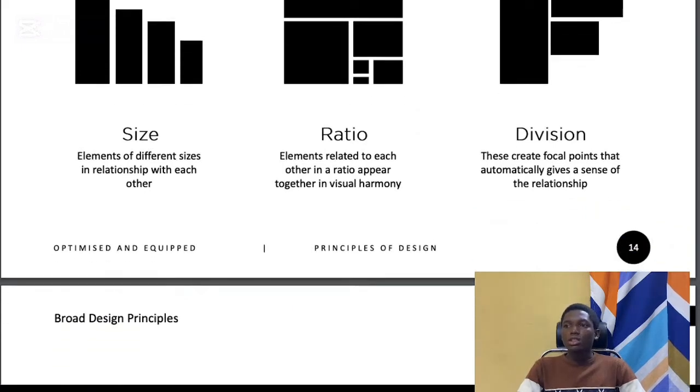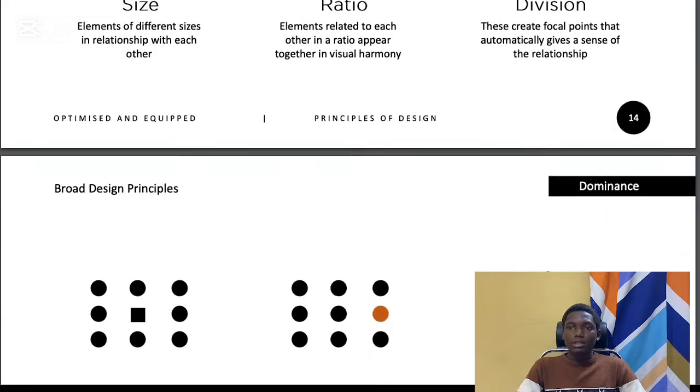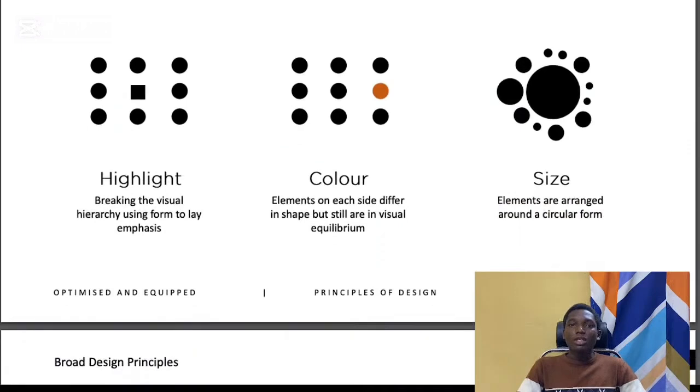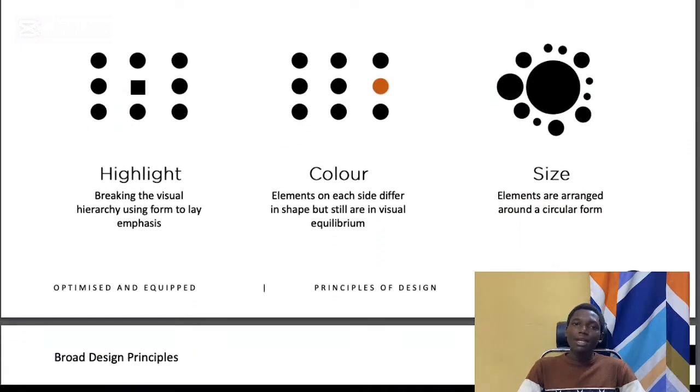Then we have the fourth principle of design. The fourth principle of design deals with dominance. Dominance works more on what is dominating the design you are doing, what is going to be prominent, which one will be the focal point, which one will be the bone of contention.